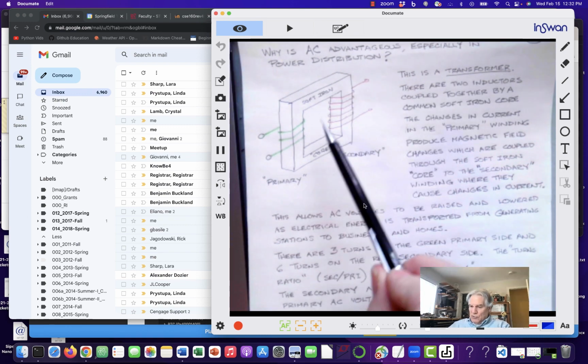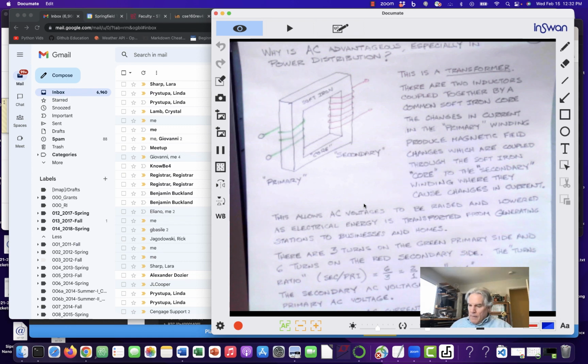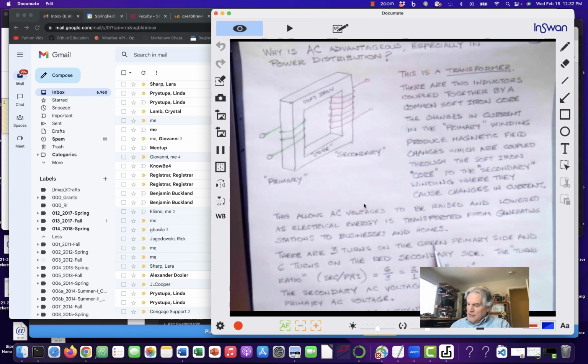It's sort of like a motor and a generator in one unit. This allows AC voltages to be raised and lowered as electrical energy is transported from generating stations to businesses and homes.